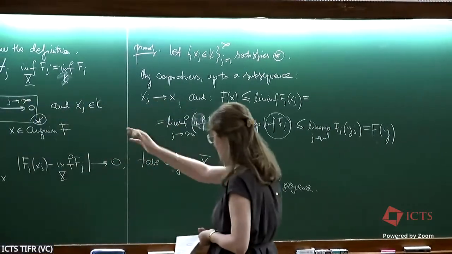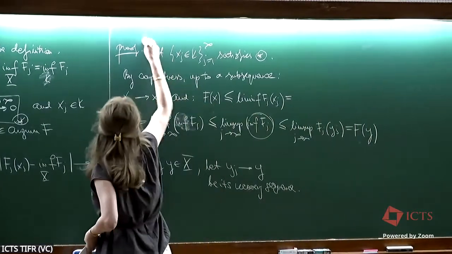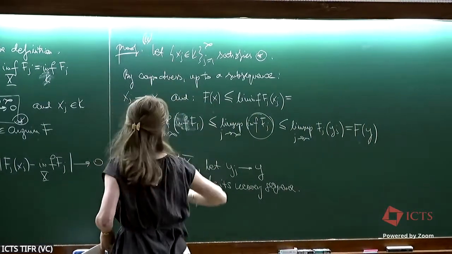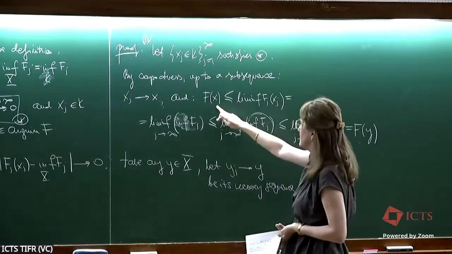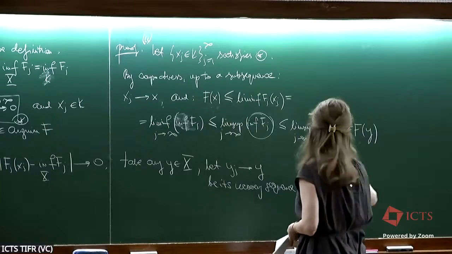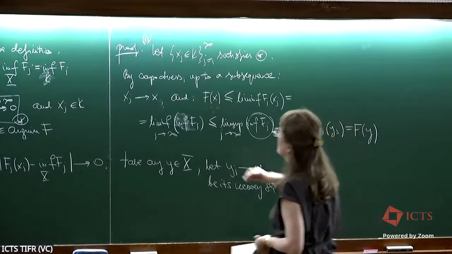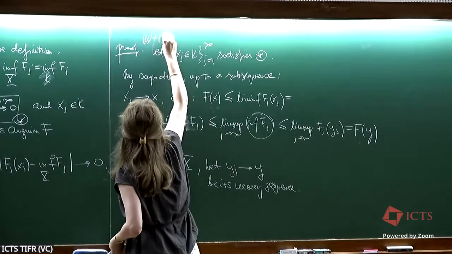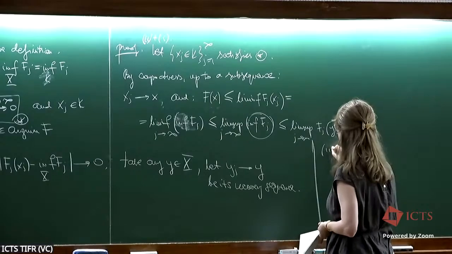Okay, so that's the end of proof of 2. And also the end of proof of 1, because I proved that there exists an x which is less or equal than any f of y, so x is a minimizer. Okay, so I proved 2 and I proved 1.